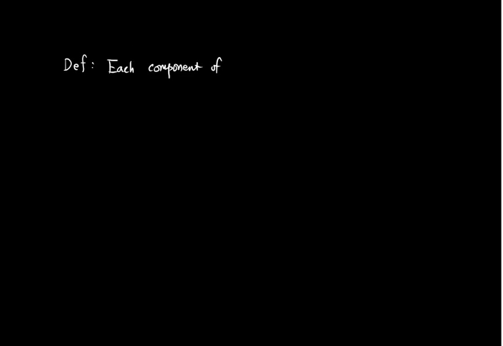Okay, so let's say T is a tree and V is a vertex, and each component of T taking out V. Okay, we have several parts, and you take out V, take it out, and then you will see that this part, this part, this part, they are called the branch.